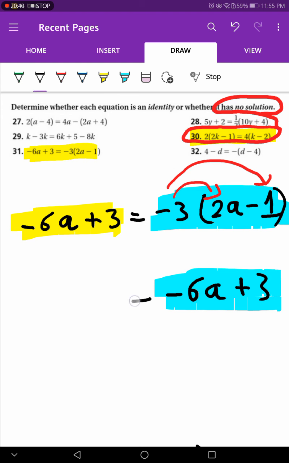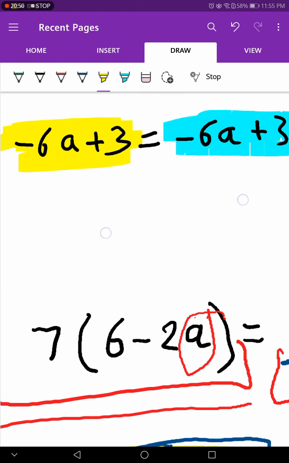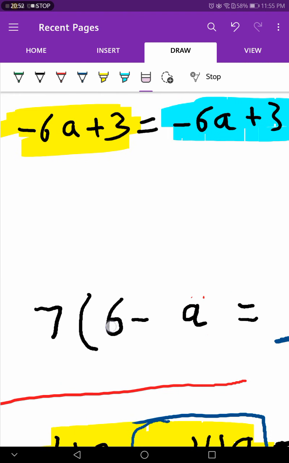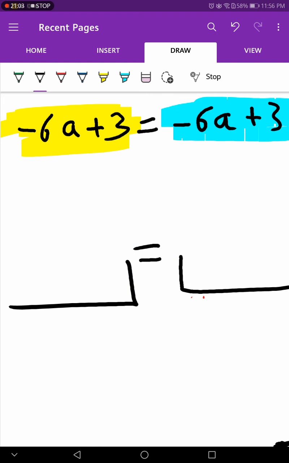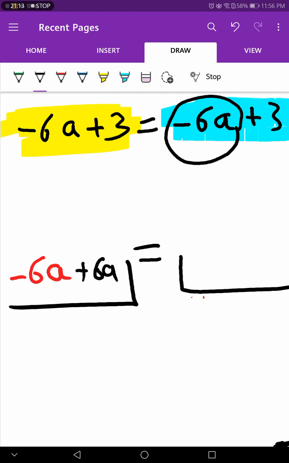I will collect all the variables in the left side as I advised you before, and put all the numbers on the right side as we agreed before. So my dear student, draw like this and drop the negative 6a here, and bring the variables from here. It will be plus 6a, and drop this down.